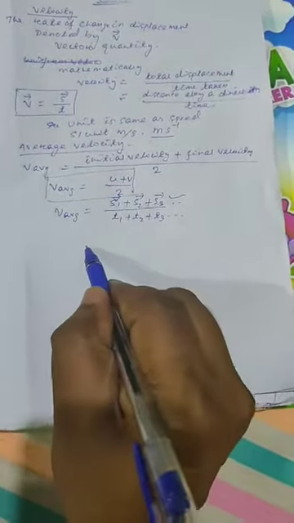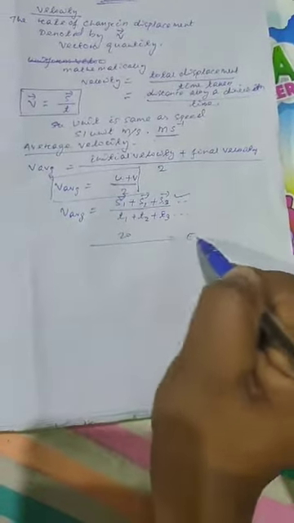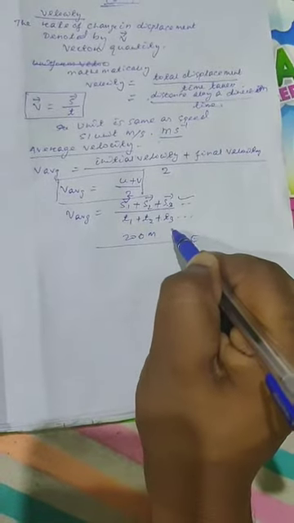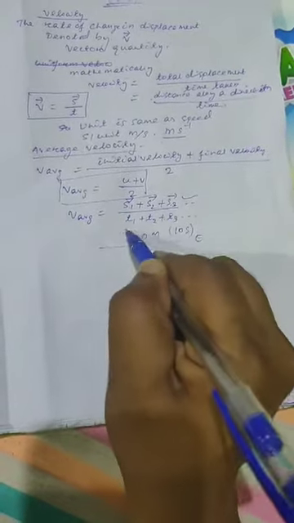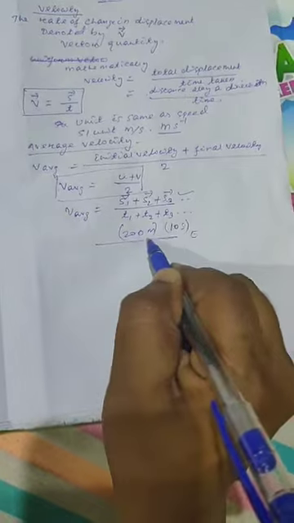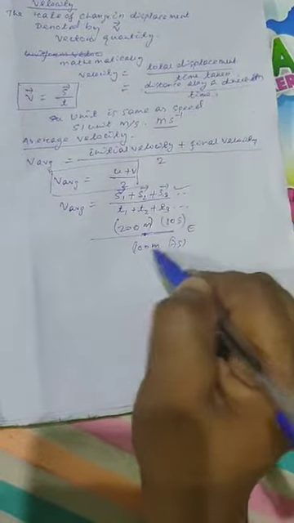Suppose one object moves 200 meter towards east in 10 second, again 200 meter in 10 second, and again returns 100 meter in 7 second.